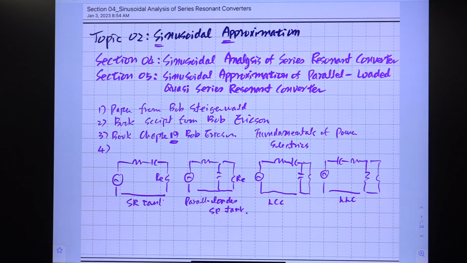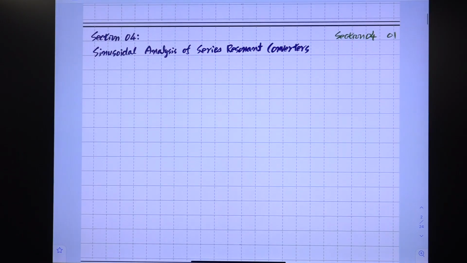Okay, so we talk about what the sinusoidal approximation is. First, we discuss sinusoidal approximation applied to the analysis of the series resonant converter, okay? Then we'll stretch out our discussions to the parallel loaded series resonant converters and the LLC converters and LCC converters or any other converters. Okay, we'll take our result.